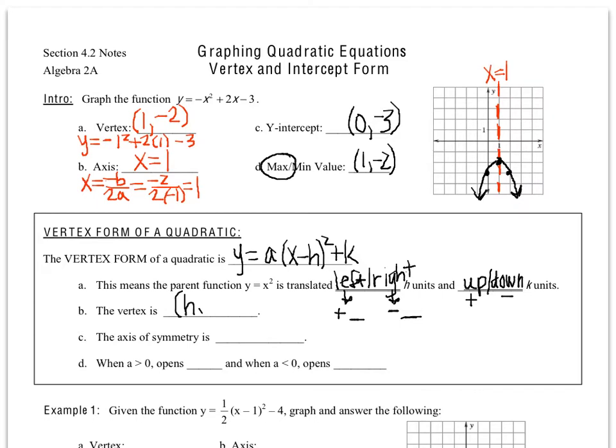It's the point h, k, and this is why it's called vertex form, because we can see our vertex real quick. Our axis of symmetry is x equals, and we know our axis of symmetry is the x value of our vertex, so it's x equals h. When a is greater than 0, our graph opens up, just like before, and if a is less than 0, our graph opens down. So this is some basics of vertex form.